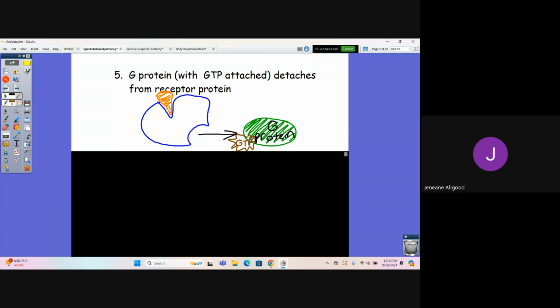GTP is still attached, which is why this is still activated. So we want to draw our little yellow halo around there. And remember, this is all still happening in the cell membrane.